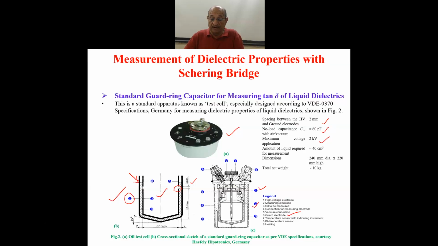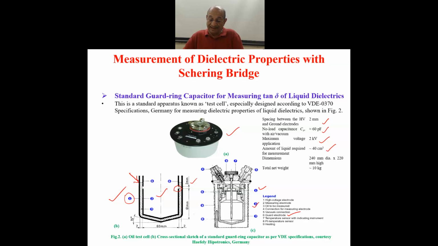And the variation in voltage is permissible up to 2 kV. The amount of liquid required is only about 40 milliliter of test sample, and the dimensions are 240 millimeter by 220 millimeter high.